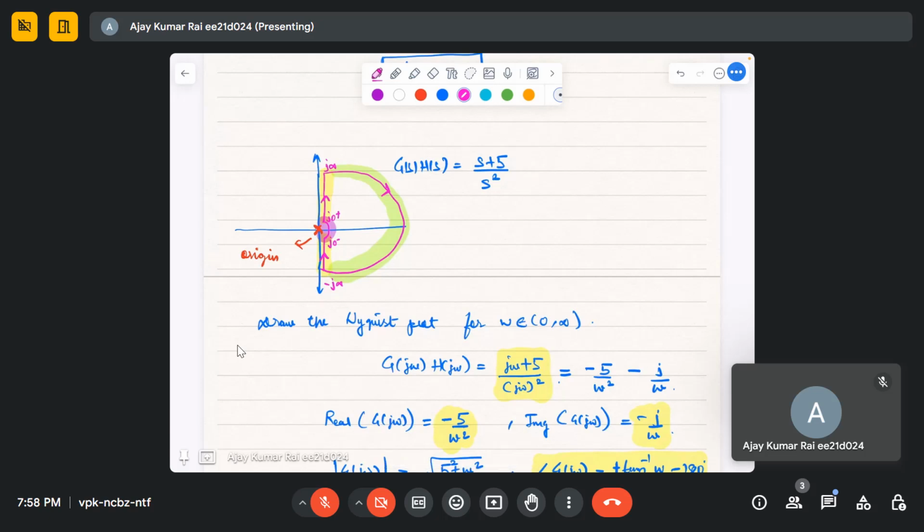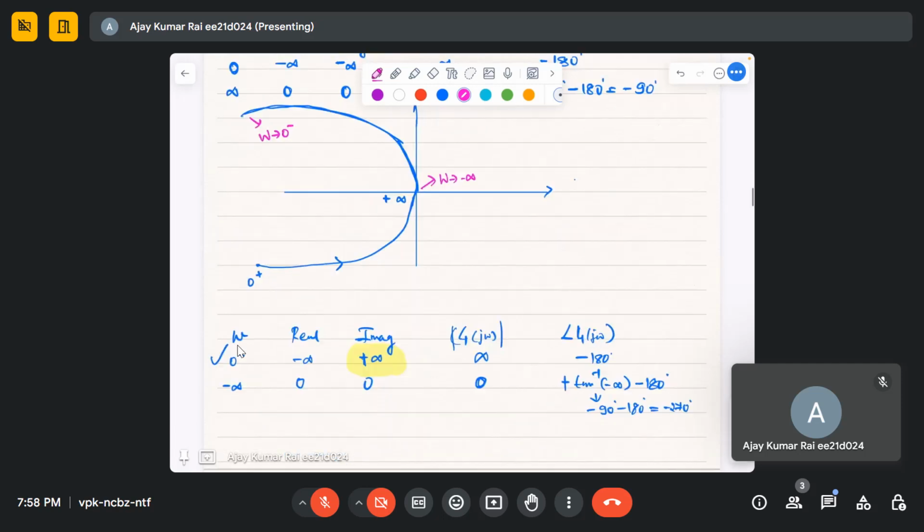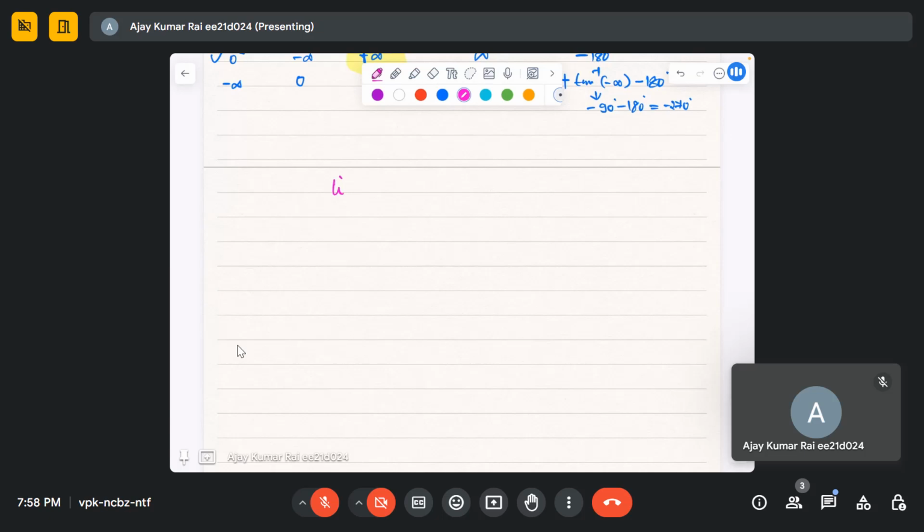I have plotted for two regions, for the yellow portion and for the green portion. Okay, so green portion, what is this? How will I get it? Let me write in green. S is infinity, so G(s)H(s), or you can also put omega tending to infinity and G of j omega H of j omega.